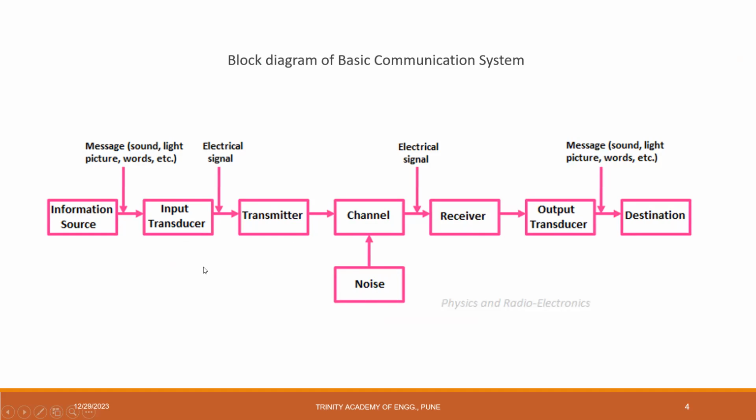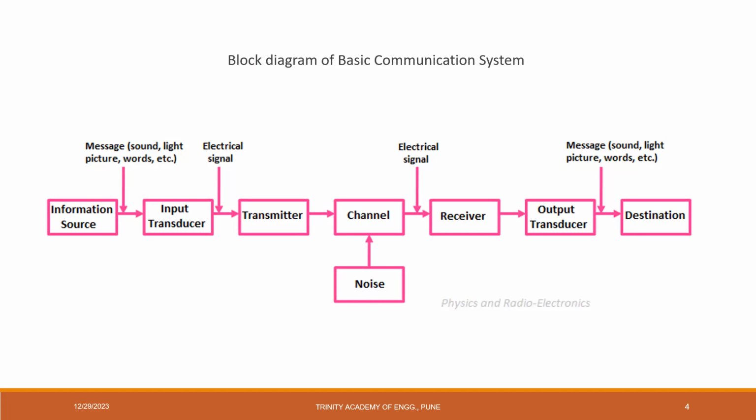Now we move step by step. In any communication system, we have to send the data from source to destination. The information source is in the form of messages. The messages are of different types like sound, light, picture, words, videos, and so on.